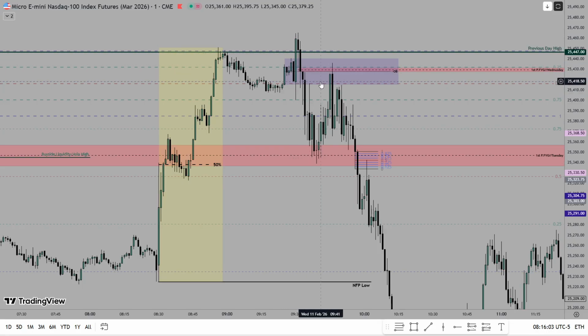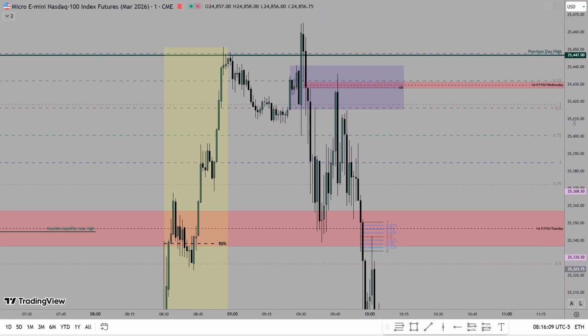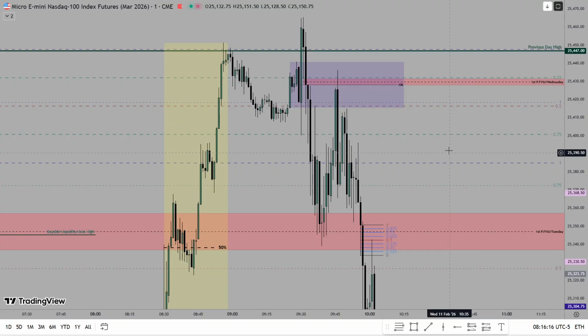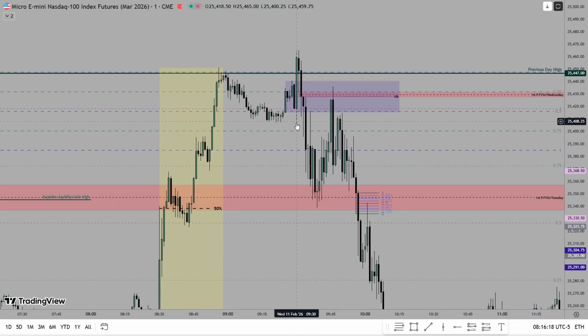I marked the order block, and price formed a first winter fair value gap at this area. This is the first winter fair value gap. So this is the market structure shift.